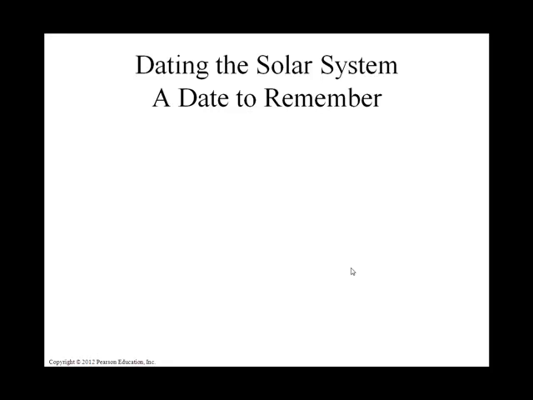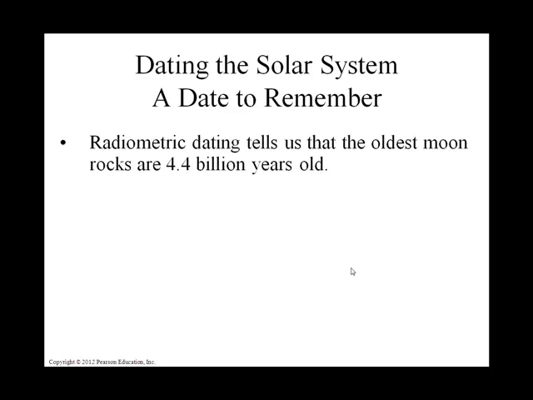Just to throw some more dates at you, that was 4.6 billion years old. Well, visiting the moon, we did take a few moon rocks and bring them back to Earth to study. Scientists have dated those at 4.4 billion years old. So that's a little bit younger than the 4.6, isn't it?